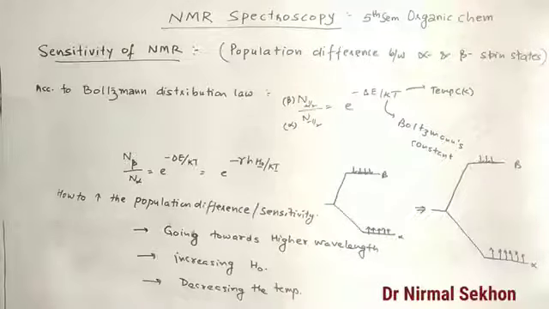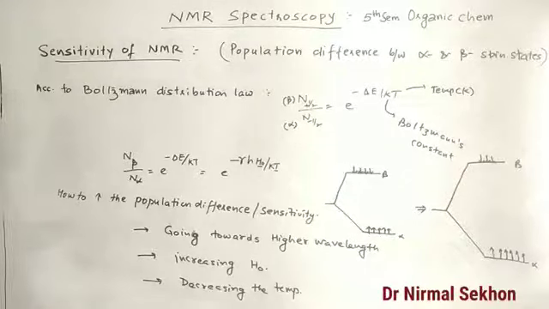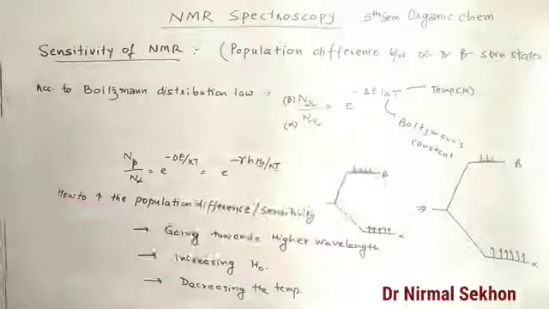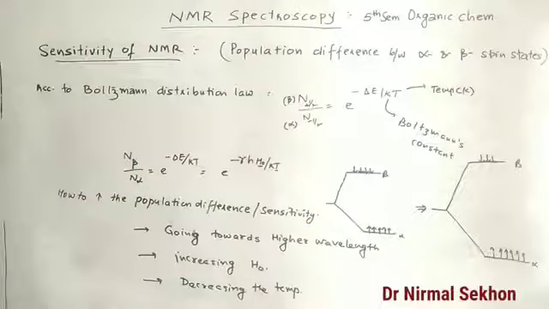The more the population difference, the more energy is observed, and when more energy is observed, a clear signal will appear. If there is no difference between alpha and beta state, with an equal number of molecules in alpha and beta, there will be no net energy absorption and the signal will be zero. So this is about the sensitivity of NMR spectroscopy.